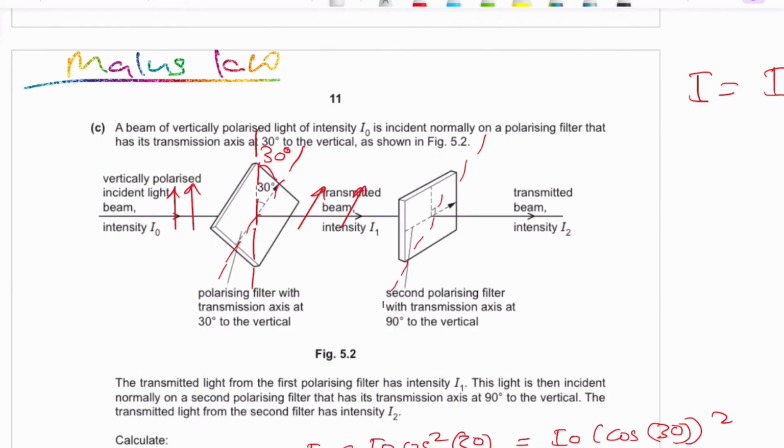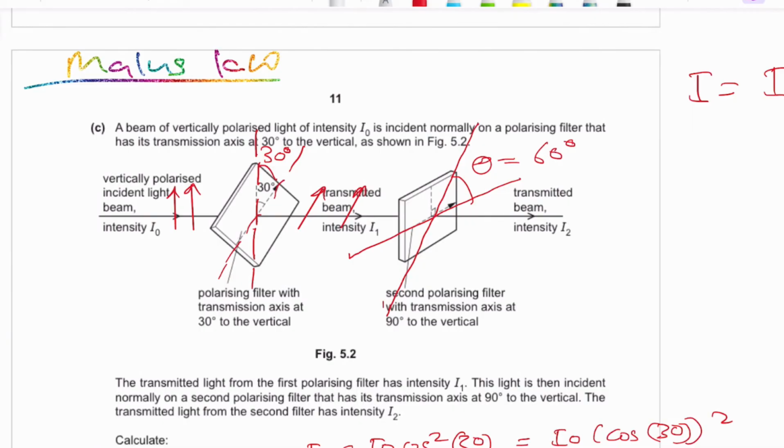But if you were to look at this, your transmission axis is something like that, right? But your light is polarized at 90 degrees, so it's something like that. But this angle theta is actually 60 degrees.